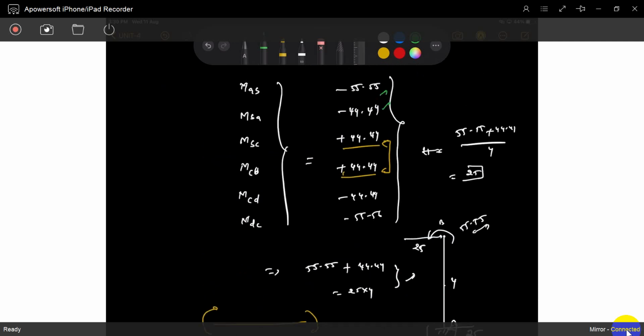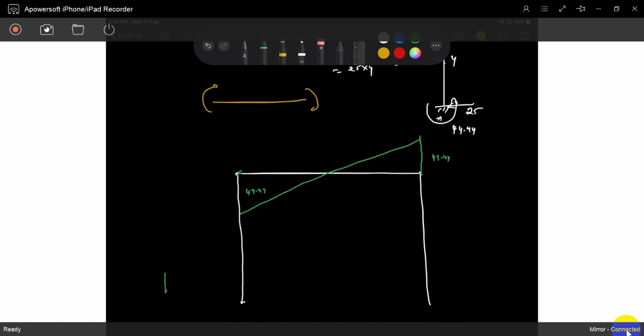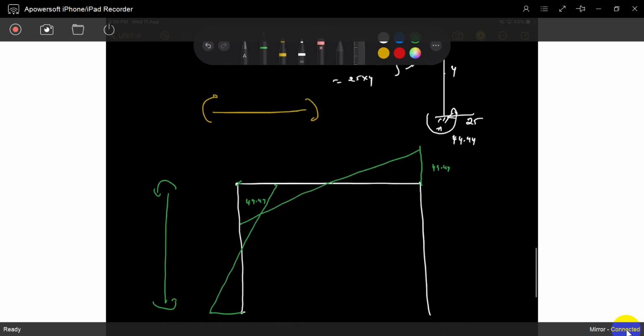Both are negative means again one is hogging, one is sagging. Which one is hogging? This one is hogging, this one is sagging. So exactly half, because both values are 44, 44. So now you can write shifting this.